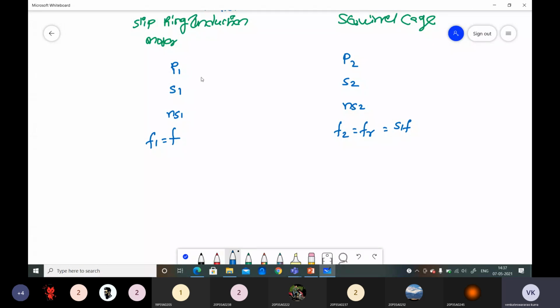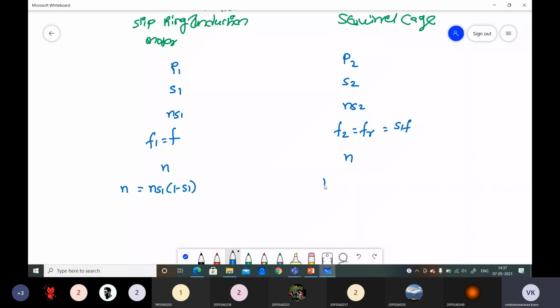Here both the motors are mounted on the same shaft, so the speeds of the rotors of both induction motors are the same, N. The expression for N in terms of slip and synchronous speed is N = Ns1(1 - S1).